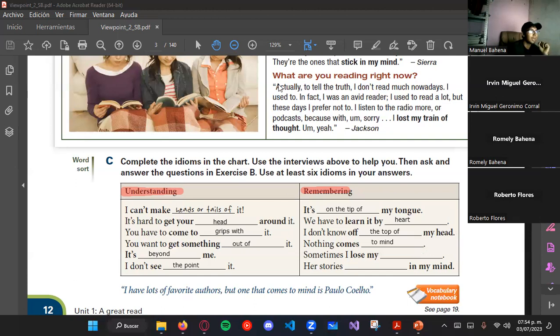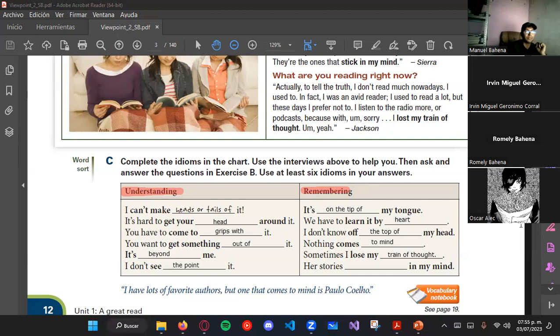Next one. Sometimes I lose my train of thought. Exactly. Sometimes I lose my train of thought, which means y a veces me pierdo como en mi cabeza, ¿no?